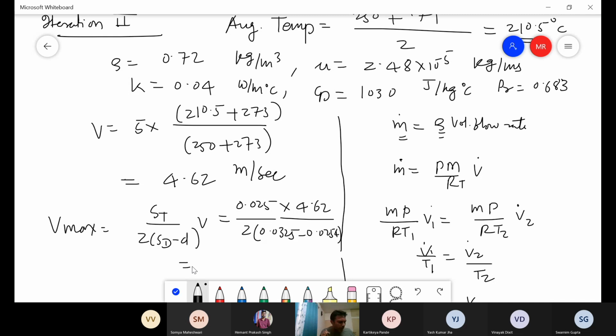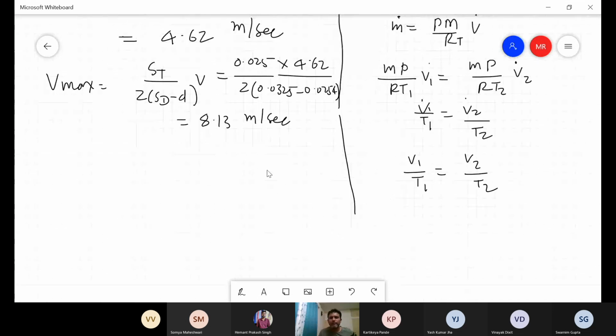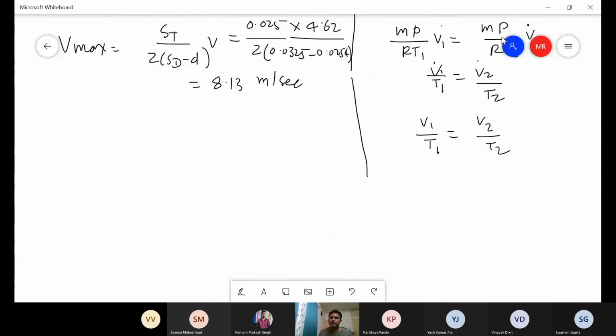So Vmax comes out to be 8.13 meter per second. Just check whether these calculations are correct. Is it correct?